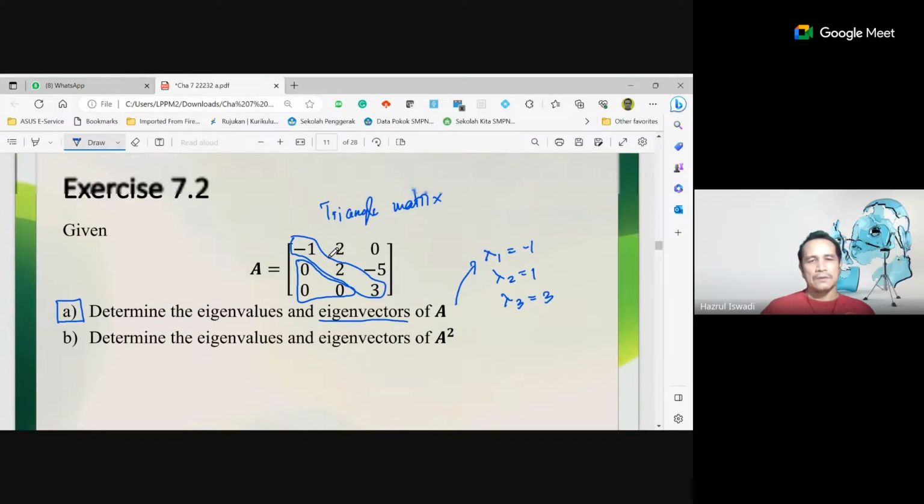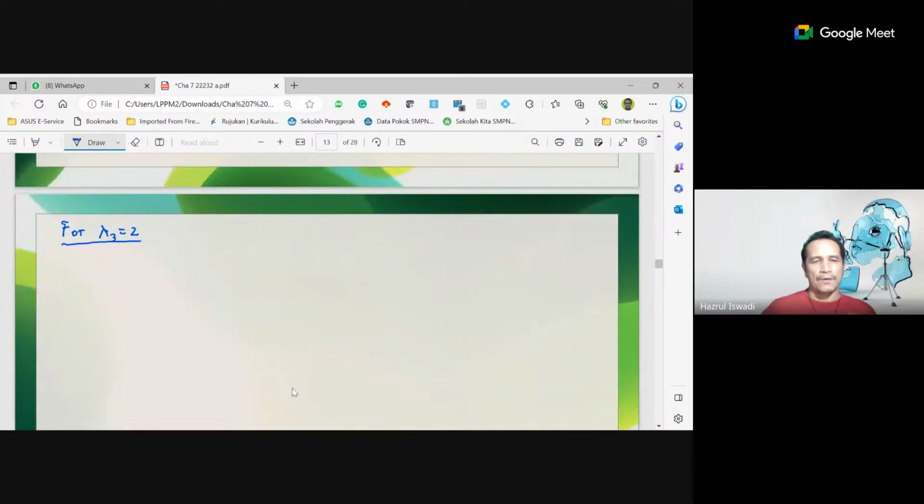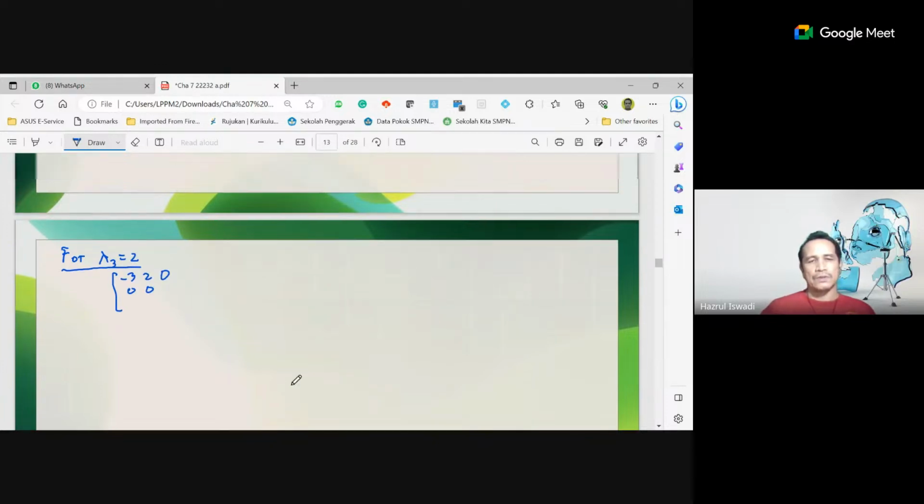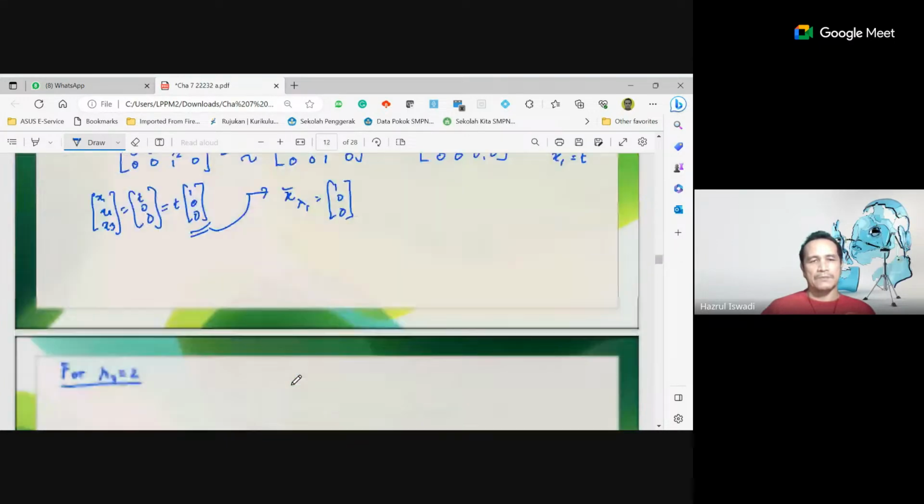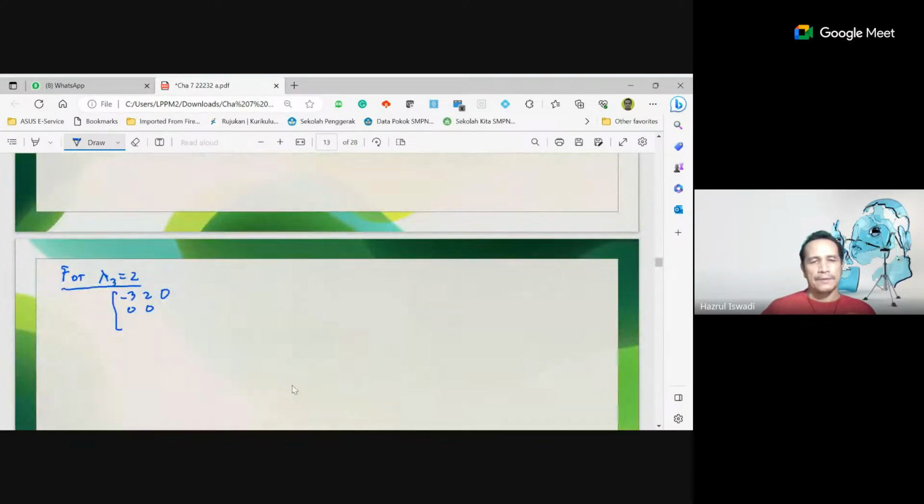So for example, minus 1 minus 2 will be minus 3. This will be 0, and this will be 1. So we have minus 3, 2, 0, 0, 0, 0, 0, and minus 5, minus 5, minus 5, and this is 0, 0, 1, multiplied by x1, x2, and x3.